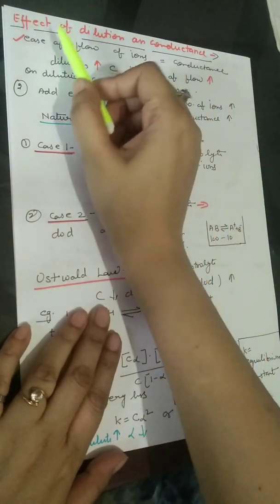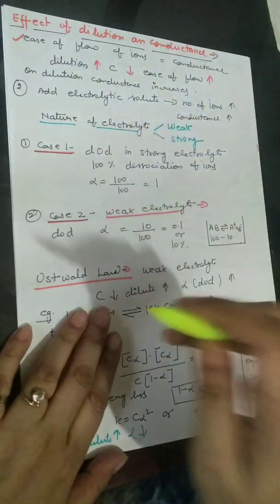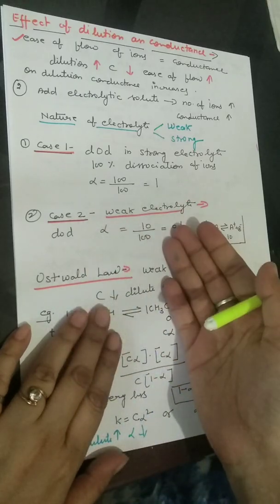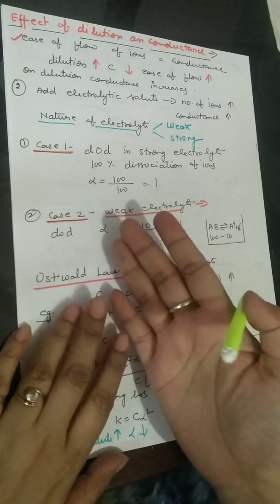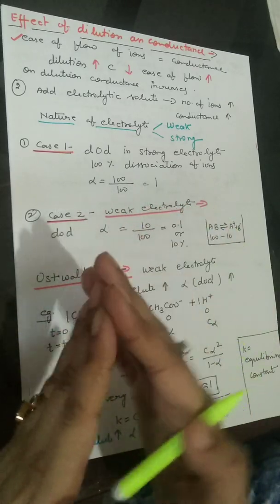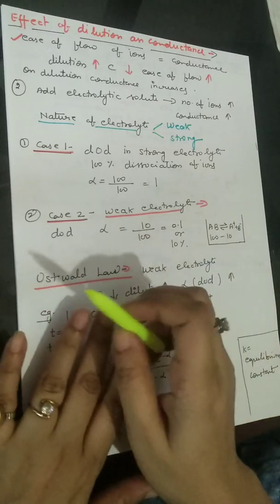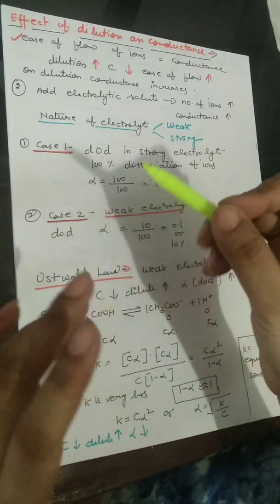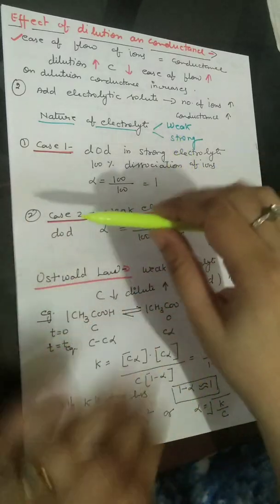Now see the topic, that is effect of dilution on the conductance. Conductance is the flow of ions. And dilution means adding water in any concentrated solution, so we are diluting it. As we dilute the solution, it creates easiness for the ions to flow in the solution.